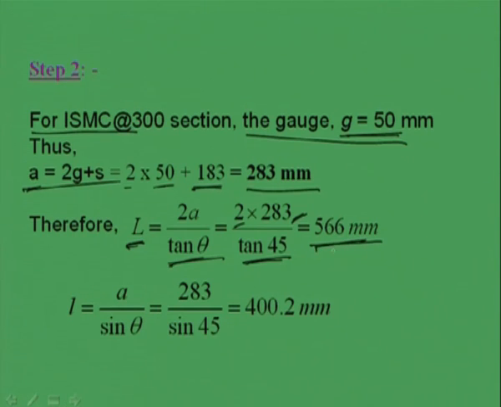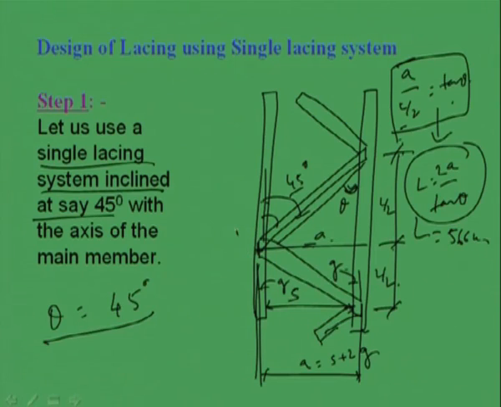Right. So, again the length of the lacing. What will be the length of the lacing? Length means which one? From this to this. This is the length, right. So, what will be the length of the lacing? If this is theta, then A is equal to L sin theta.